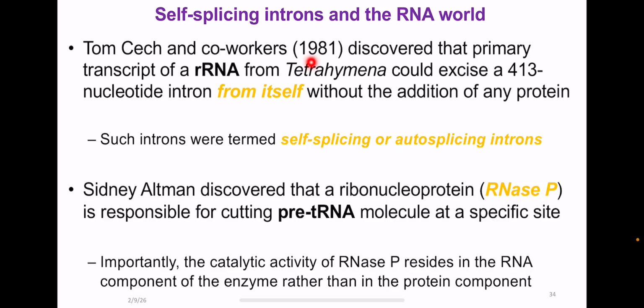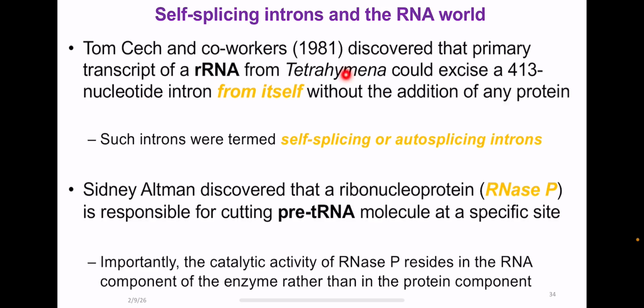Now let's talk about self-splicing introns. Before 1981, RNAs were probably seen as just nuclear biomolecules and not as enzymes.